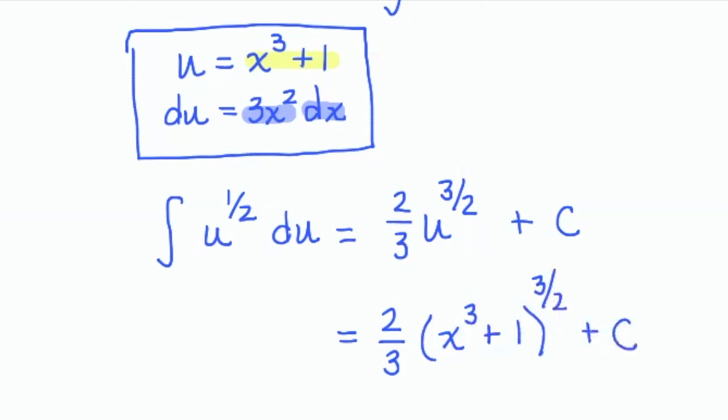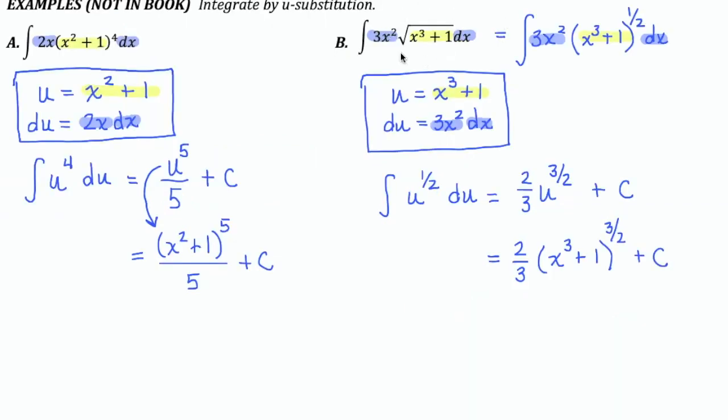Now, one last note about the notation here. If your original function is given to you in terms of being a radical, you should give the answer back as a radical as well. So in other words, I switched to the fractional exponent because that helps me integrate, but then when I'm done, I really need to switch the fractional exponent back into a radical.